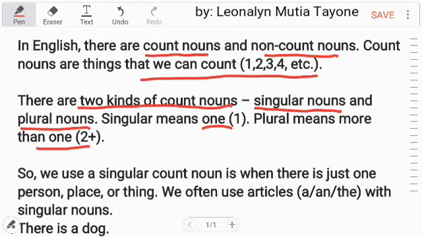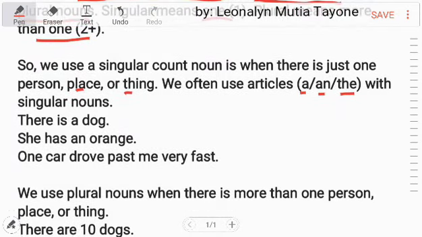So we use a singular count noun when there is just one person, place, or thing. We often use articles a and the with singular nouns. These are the examples. There is a dog. She has an orange. One car drove past me very fast.